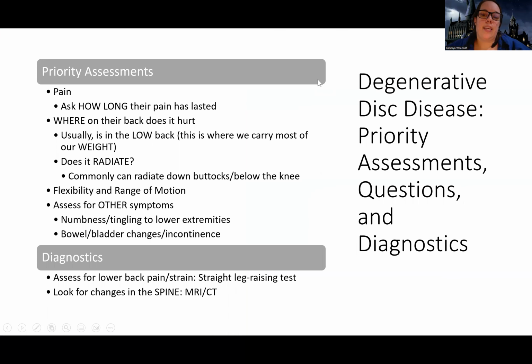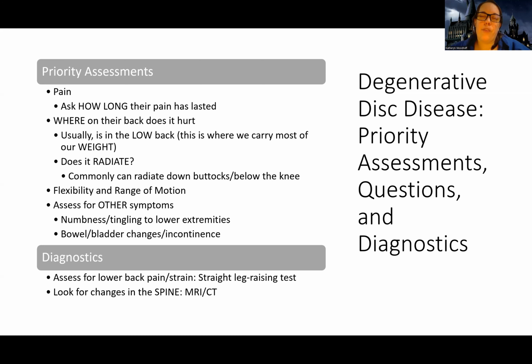Priority assessments are going to be very similar to what we just talked about with chronic back pain, but the difference you're going to note is that the pain can radiate. Radiating pain is a little different with disc disease, because now we're getting into nerve problems. Chronic back pain is usually, not always, musculoskeletal or muscle aches, whereas here we're dealing with nerves and getting deeper into the spinal column.